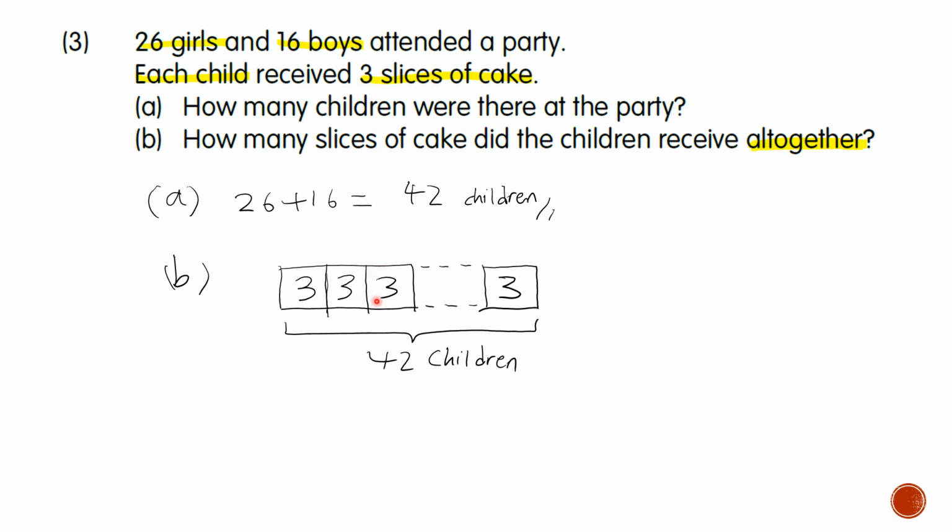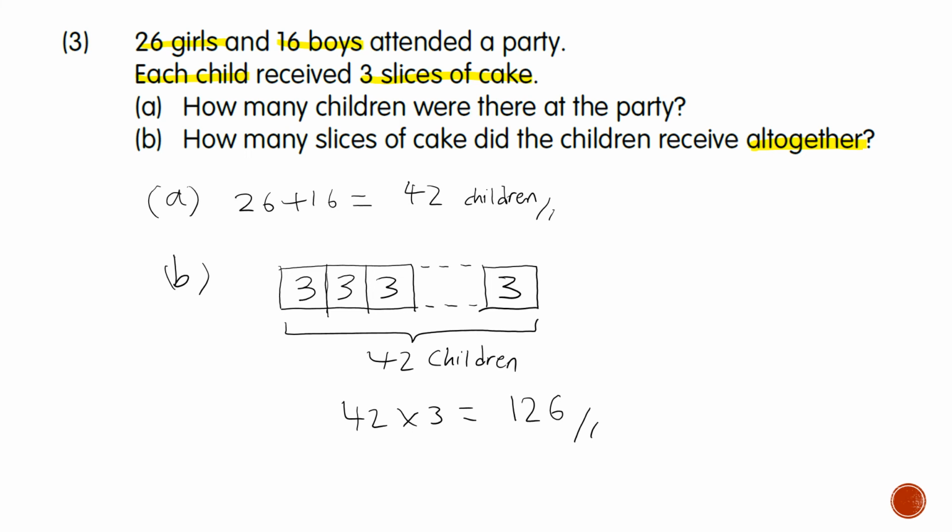Okay, each box represents a child. Like, think of it as like a group. Okay, each box represents a group, where in each group there are 3 slices of cake. Okay, so over here, now you can see that it's just 42 times 3. You can use mental sum because 2 times 3 is 6, 4 times 3 is 12. So there are 126 cakes altogether.